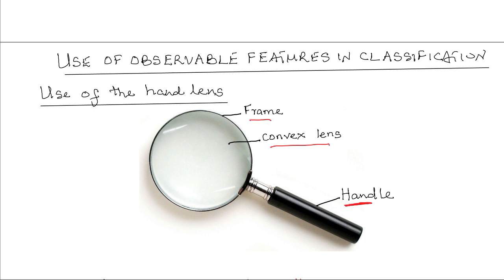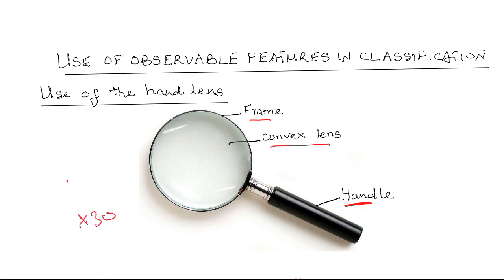Now, the hand lens enables us to observe objects that would otherwise be too small, such that the image we see is larger and shows us clearer features. A hand lens can magnify an object up to times 30.